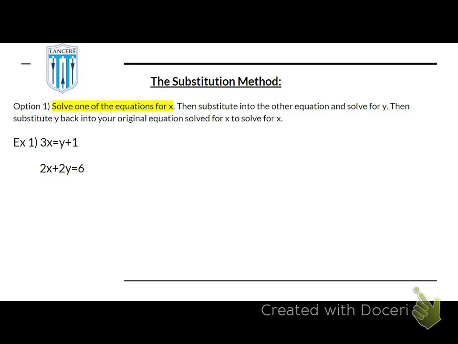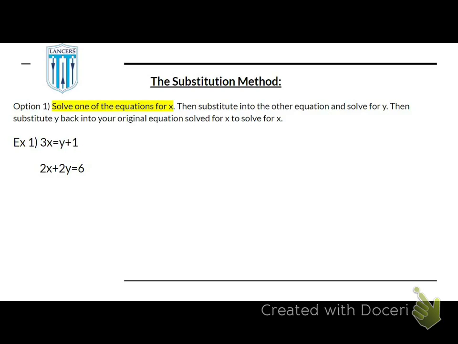Okay, so those steps are technically the same as yesterday. We just actually have to do the first step. So we need to solve one of these two equations for x. We could either do the top one or we could do the bottom one. I would agree that the bottom one is going to be easier in this case because all of these coefficients are divisible by 2.